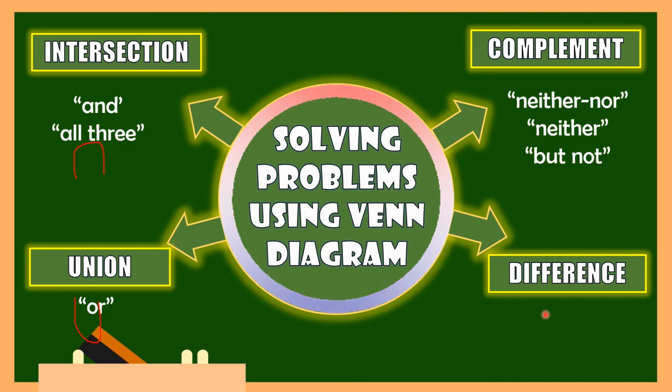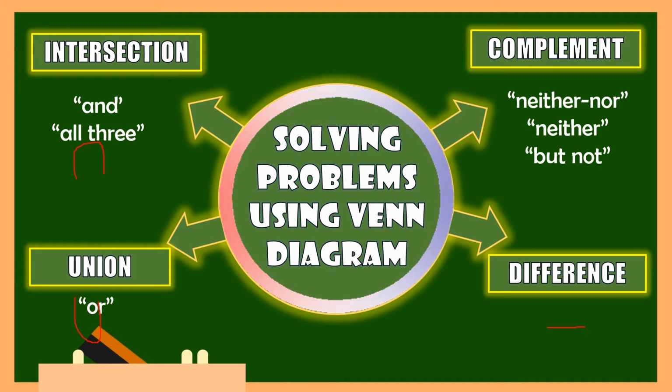Then, last one is difference. So, again, pag sinabi naman nating difference, diba, alam nyo naman yan, nagbabawas tayo. When we say difference, it consists of elements that are in A but not in B. Na-discuss na din yan sa previous lesson natin. And again, ang ginagamit natin yung symbol is simply subtraction.